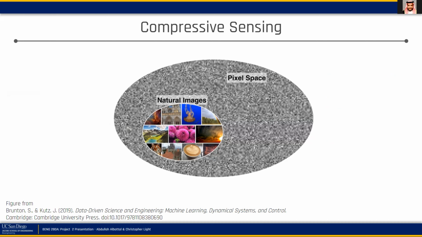One solution that got a lot of popularity is the idea of compressive sensing, and the idea behind this hinges on the fact that natural images are a very small subset in pixel space. That is to say that they're very compressible. A picture of a face is somewhat similar to pictures of other faces, whereas in the vastness of the pixel space, random noise is vastly different from these natural images.